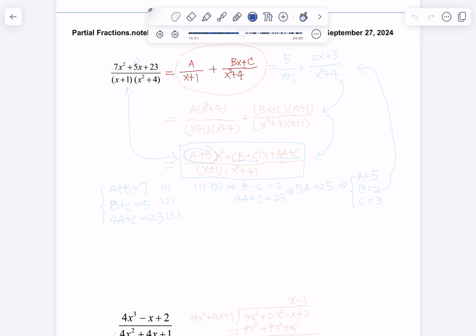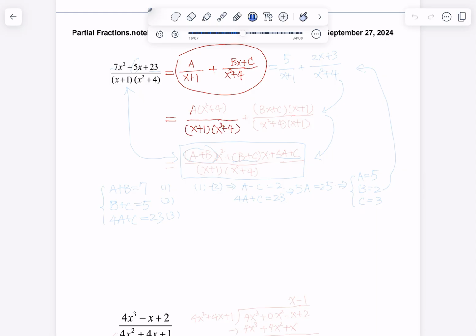Now we play the same game as before. We would like to sum this decomposition back. We'll have the common denominator formula here.